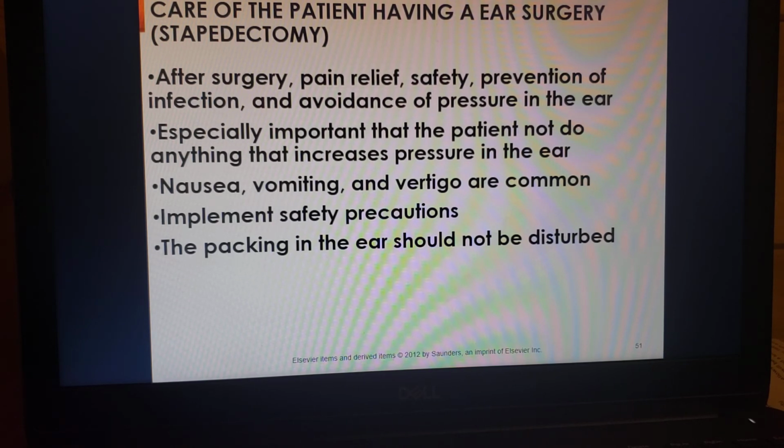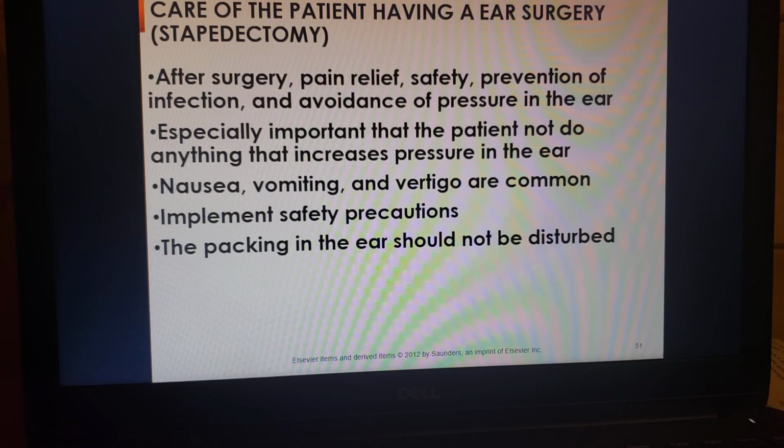It's especially important that the patient doesn't do any activities that increase pressure in the ear. And nausea and vomiting and vertigo are common in these patients. So it's vital that we implement safety precautions. And with a stapedectomy, the doctor will place packing in the ear, and that should not be disturbed.